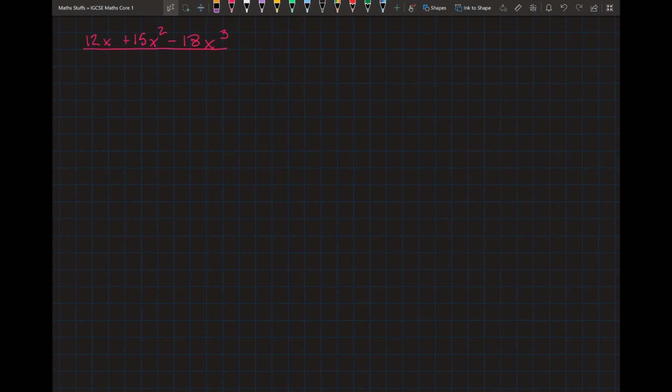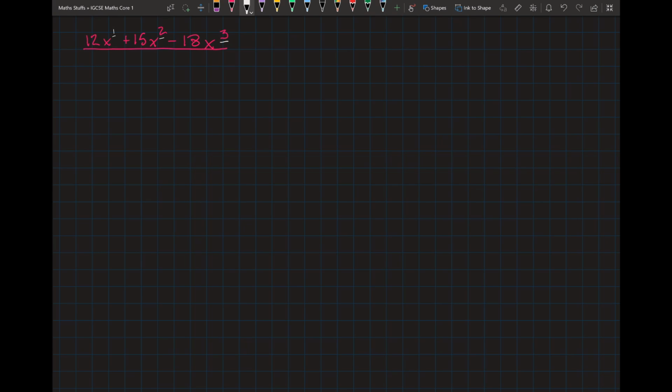Alright, so now what we've got is an expression with 1, 2, 3 terms. Normally what we like to do in math is write them in the order of the index. This here is x to the first power.